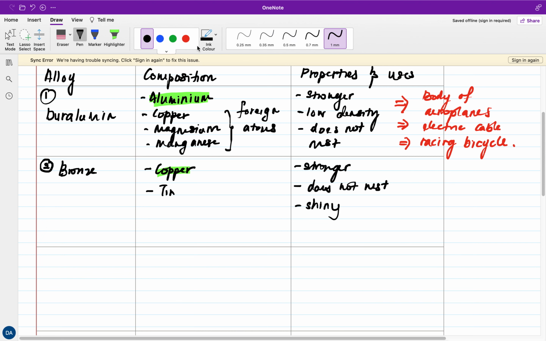So the main uses for bronze will be to make medals and monuments.